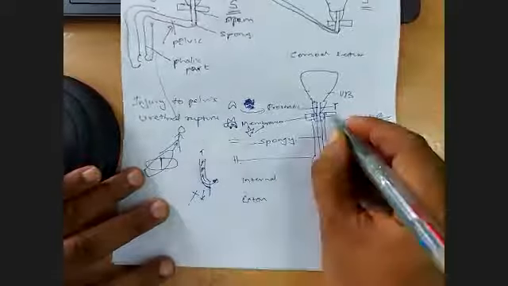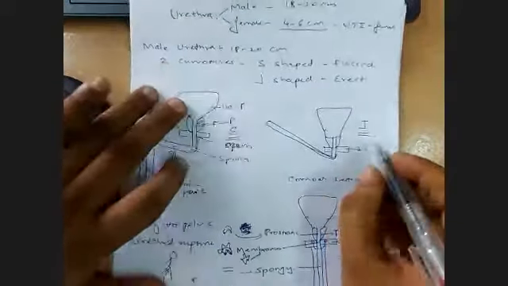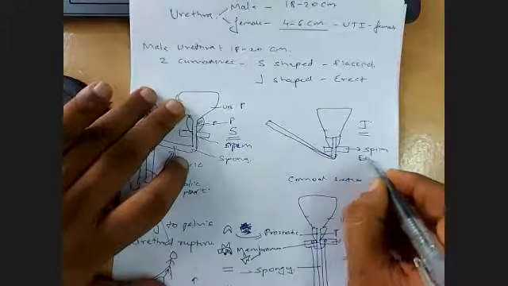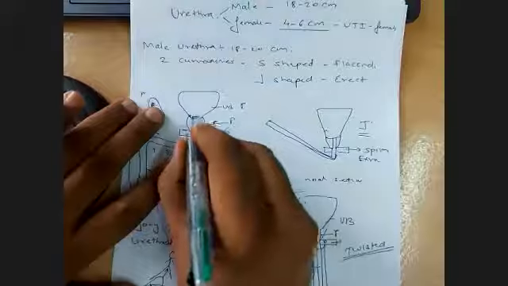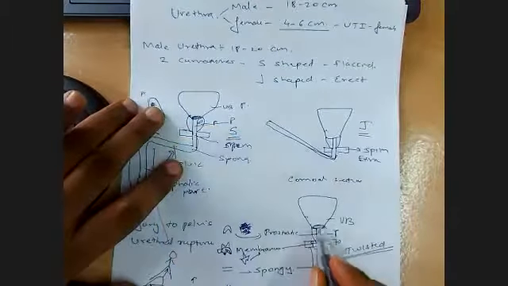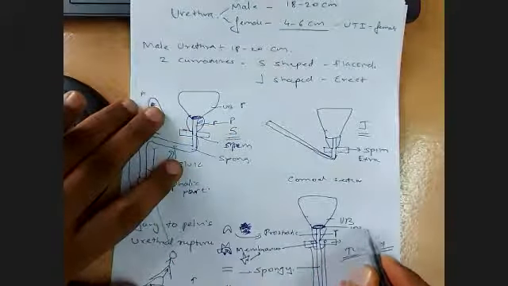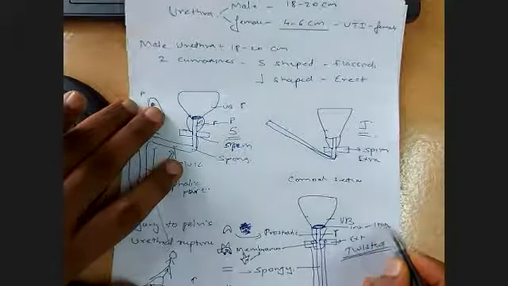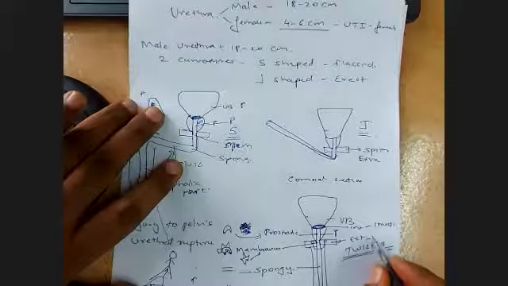The external sphincter we can see here. This sphincter urethrae muscle is the external sphincter. The internal sphincter is located somewhere here. The internal is involuntary and the external sphincter is voluntary.